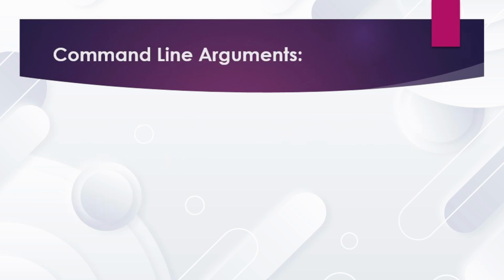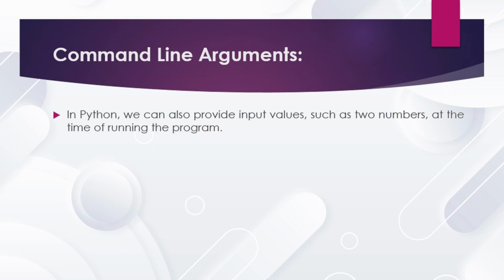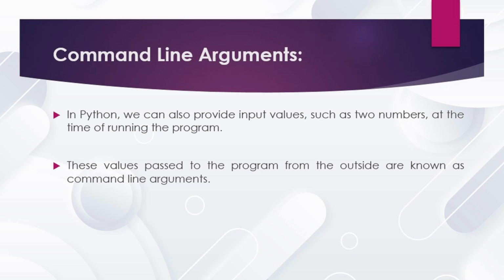Next, let us look at command line arguments. In Python, we can also provide input values such as two numbers at the time of running the program. These values passed to the program from the outside are known as command line arguments.